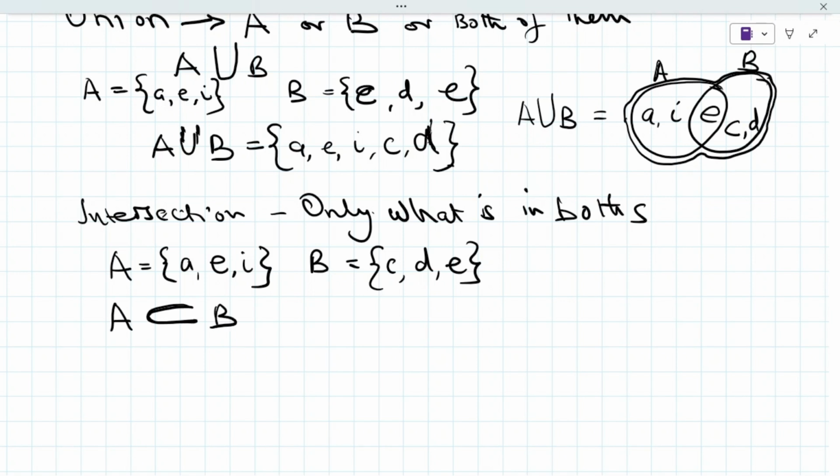And this would be represented by elements that exist in both sets.